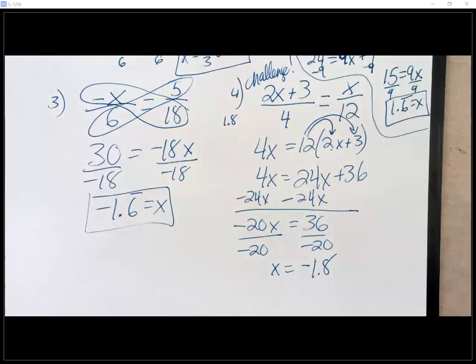I don't have a clue about this. Well, see, I don't do it. No, I wouldn't do these. I don't really do them with proportions.